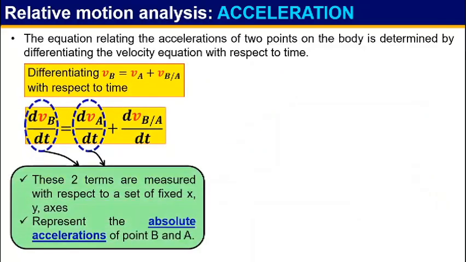Now, the first and second terms are absolute accelerations. So now, let's see the third term of this equation. As we can see here, it is dVBA/dt. So it must be the relative acceleration component of point B about A.